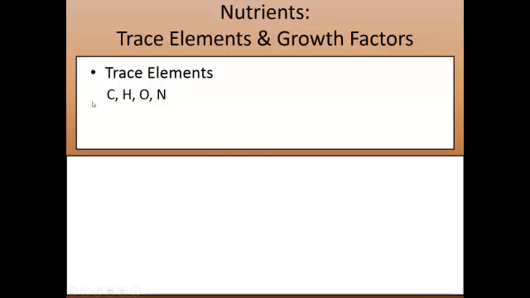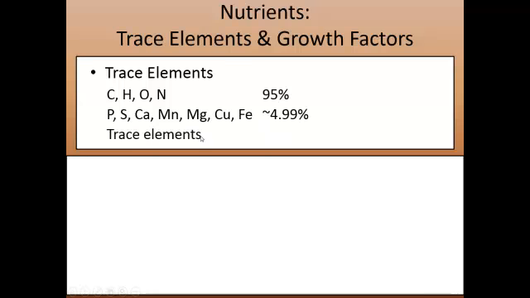And so here are your macronutrients. That takes up about 90% of the cell. So we have these other things. We have phosphate, sulfur, calcium, magnesium, copper, iron. That takes up about 5% if we round it off. Then we get to the trace elements. Selenium is a good one.